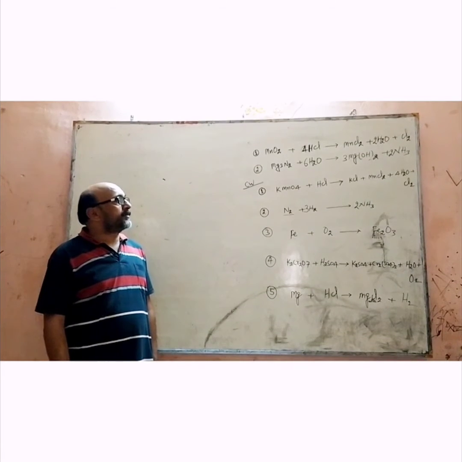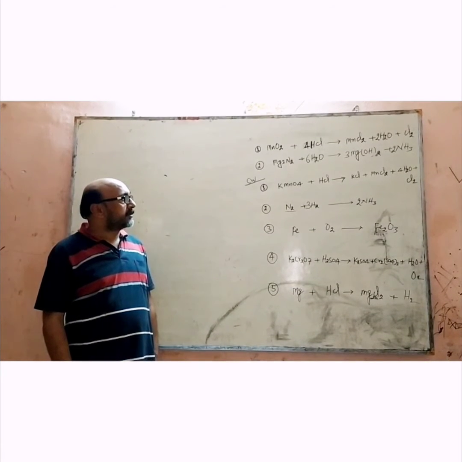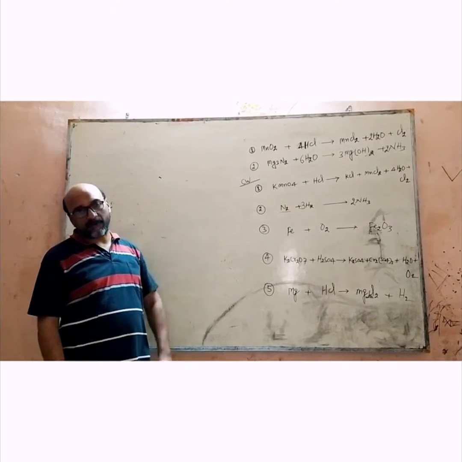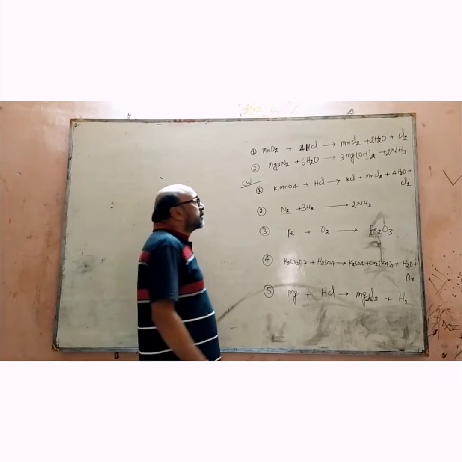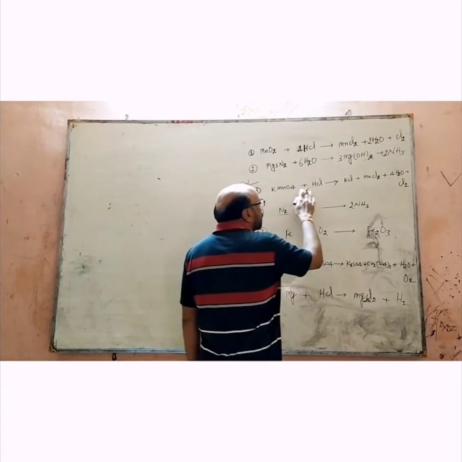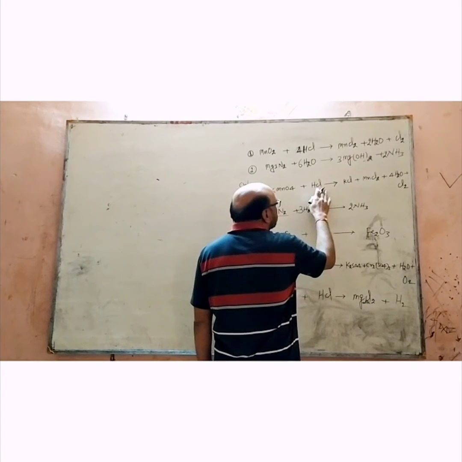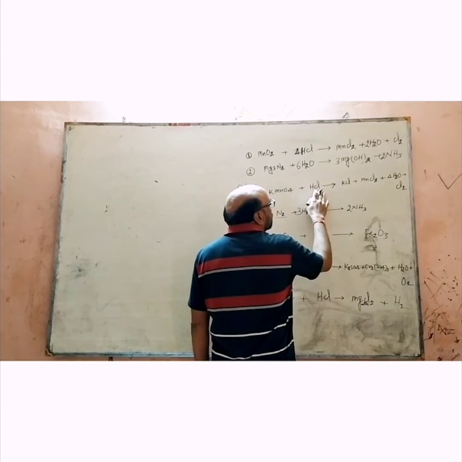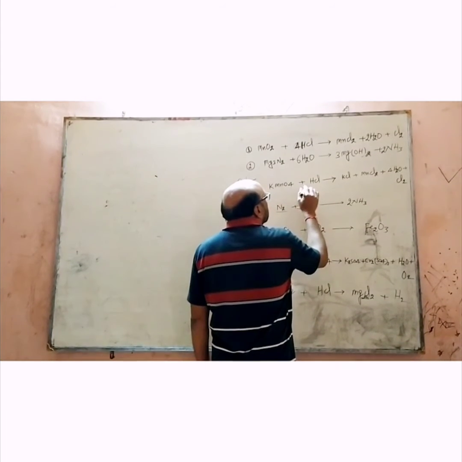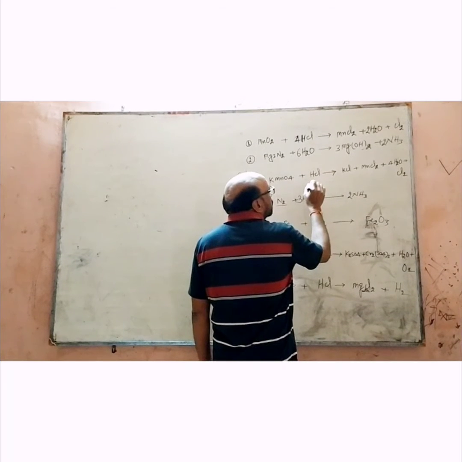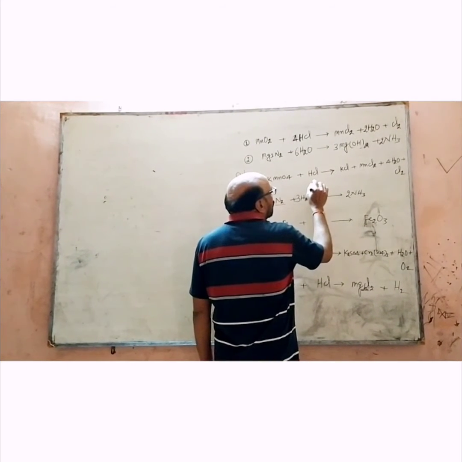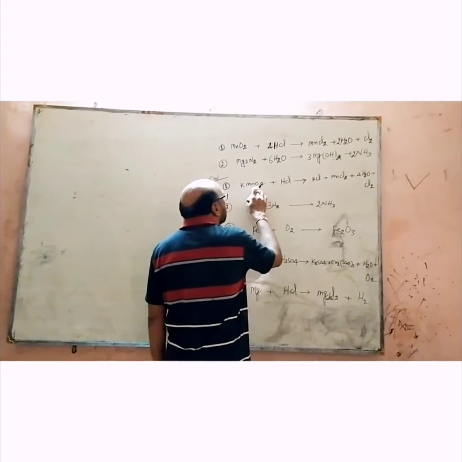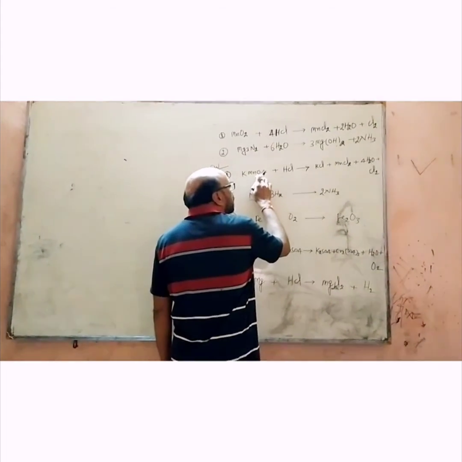If you have checked the equation, now see the first equation. KMnO4 plus HCl. The number of atoms of oxygen in the reactant is 4.